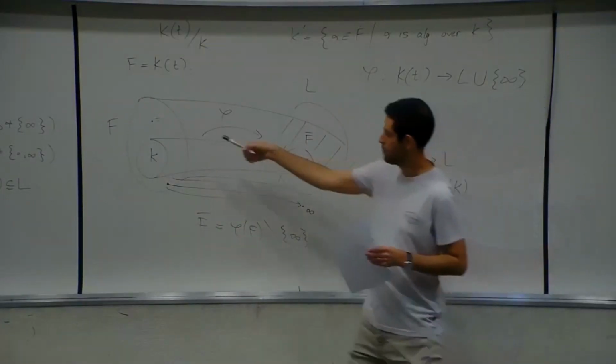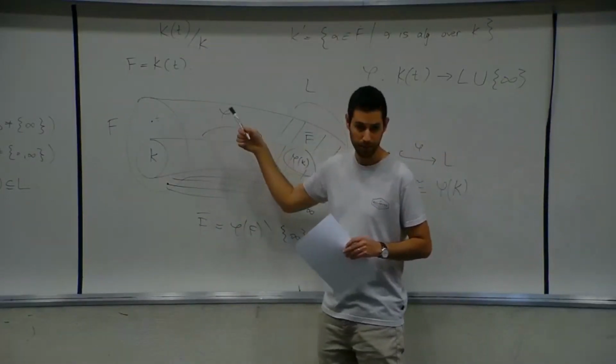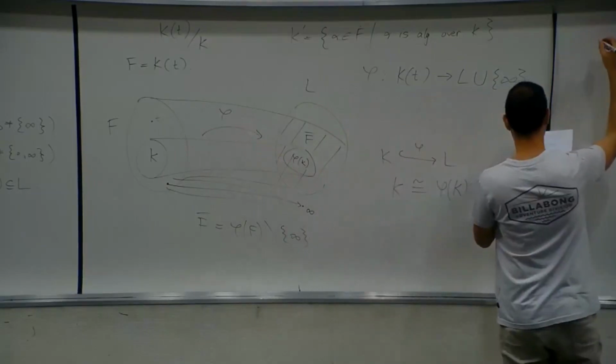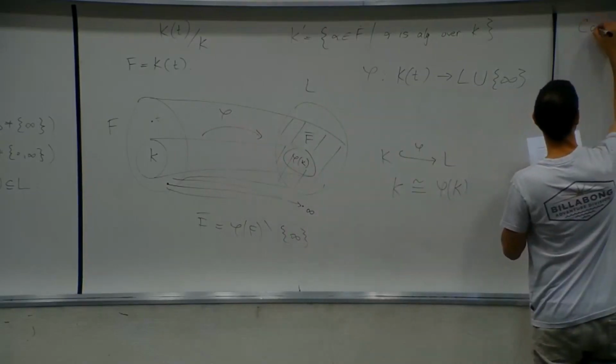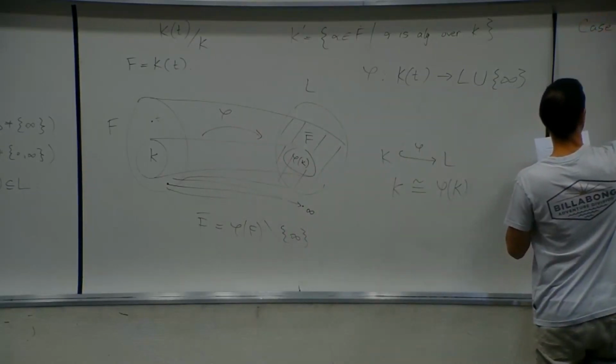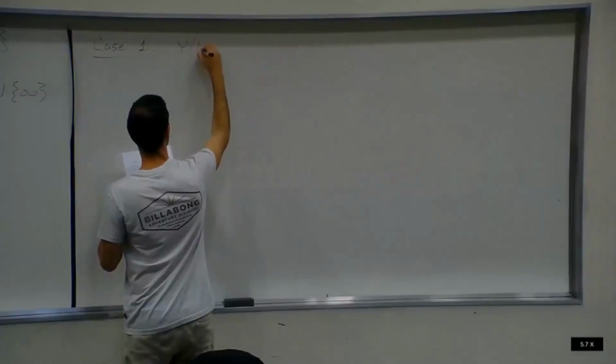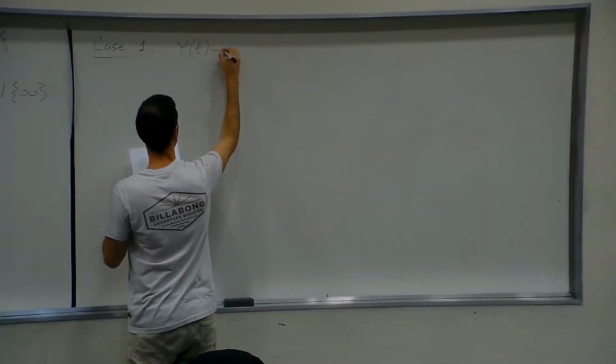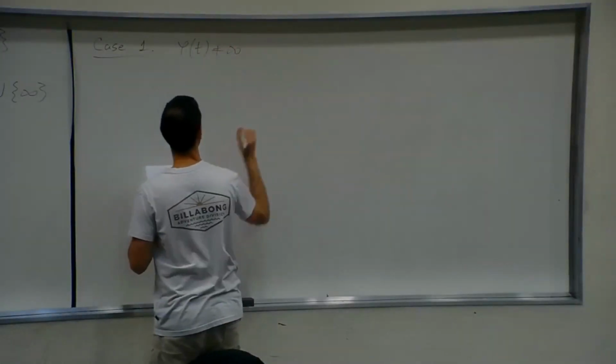So let's ask ourselves, what is the image of t? Case one, the image of t is finite.